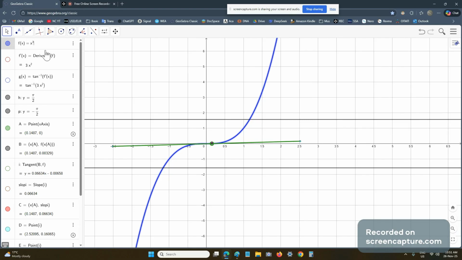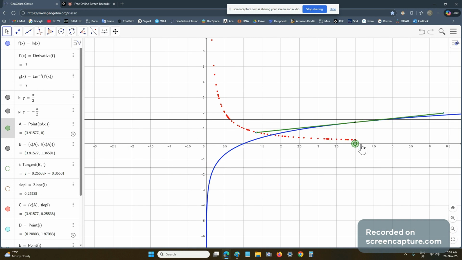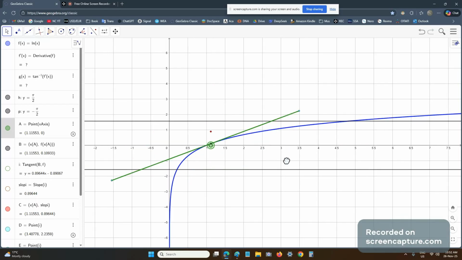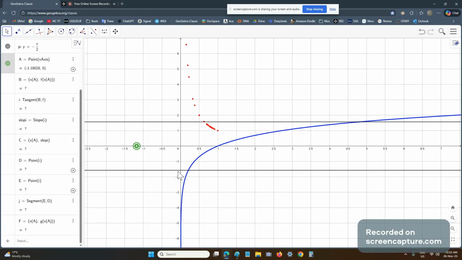So let's take another one just for the heck of it. Let's take log of x. Let's move it along there. Where did my little yellow dot go now? I don't see it anywhere. It's probably because it's a little far out.